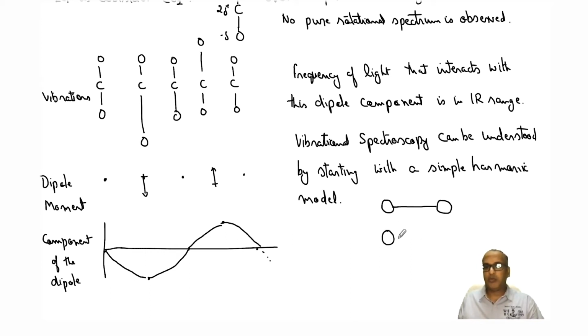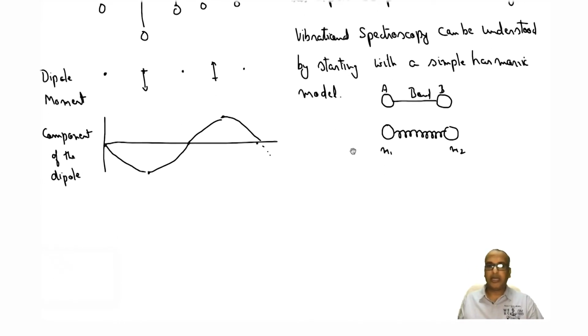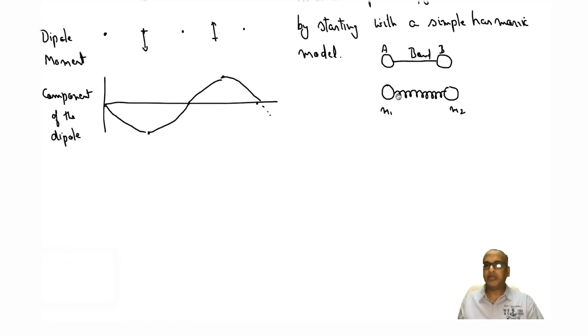It's like two masses m1 and m2, these are atoms and this is my bond, connected with a spring, something like that, right? Now you can compress the spring, you can stretch the spring, and then you can allow it to freely come back to its mean position, right? All that can happen. Now all of this will change the energy of this system, right?